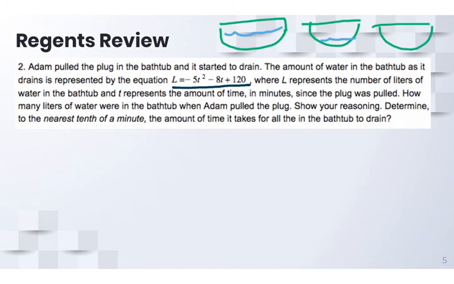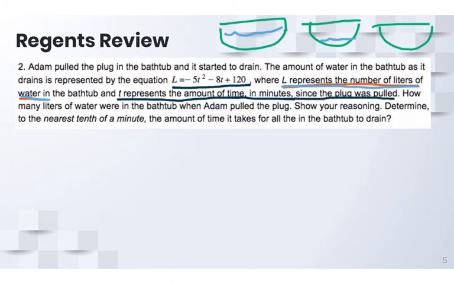Now, L represents the number of liters of water, so maybe I should have underlined that in blue, since this is the liters of water in that bathtub at any given time. And t represents the amount of time in minutes since that plug was pulled.